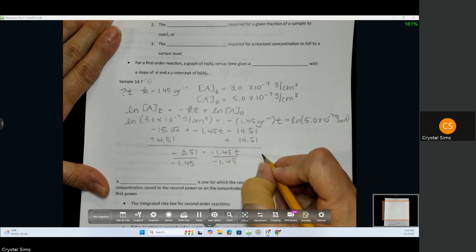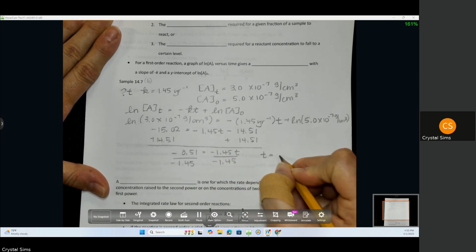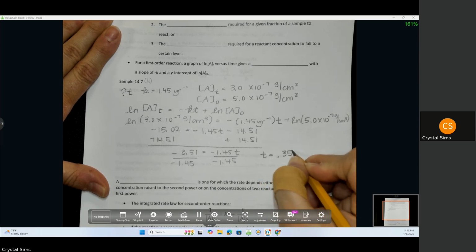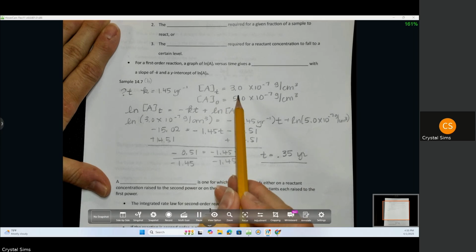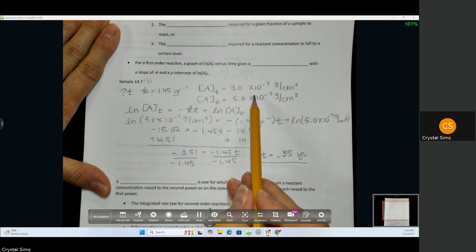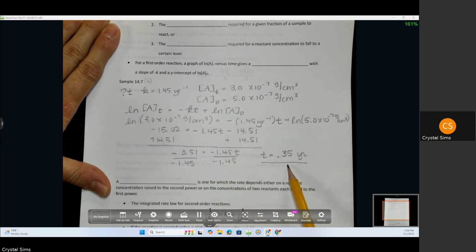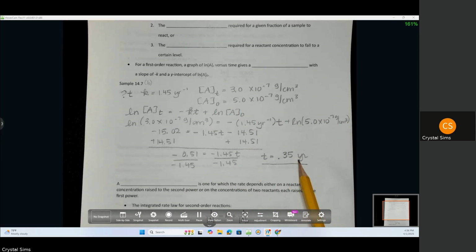When I solve, my time is going to be 0.35, and that unit is year. So how long is it going to take to reach a concentration of 3.0 times 10 to the negative 7? It's going to take 0.35, or about a third of a year, so somewhere around 4 months.